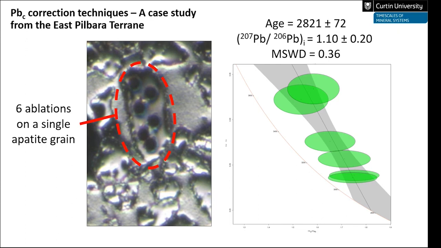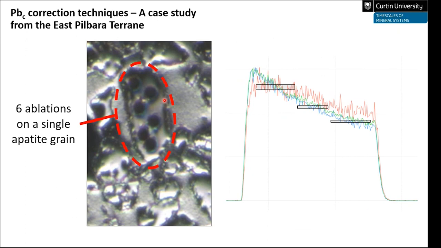And this model-based approach can be validated using the intergrain variability of common lead. So we're effectively calculating individual apatite isochrons here, where multiple ablation analyses have been performed on the same crystal. And you can even take this down a scale by doing individual subsets on the same ablation.